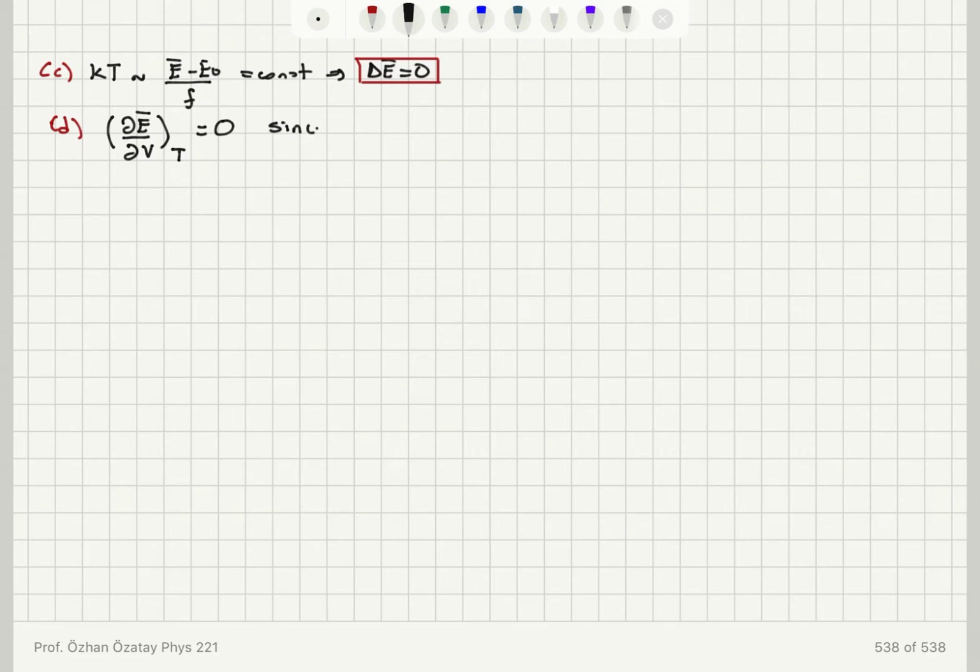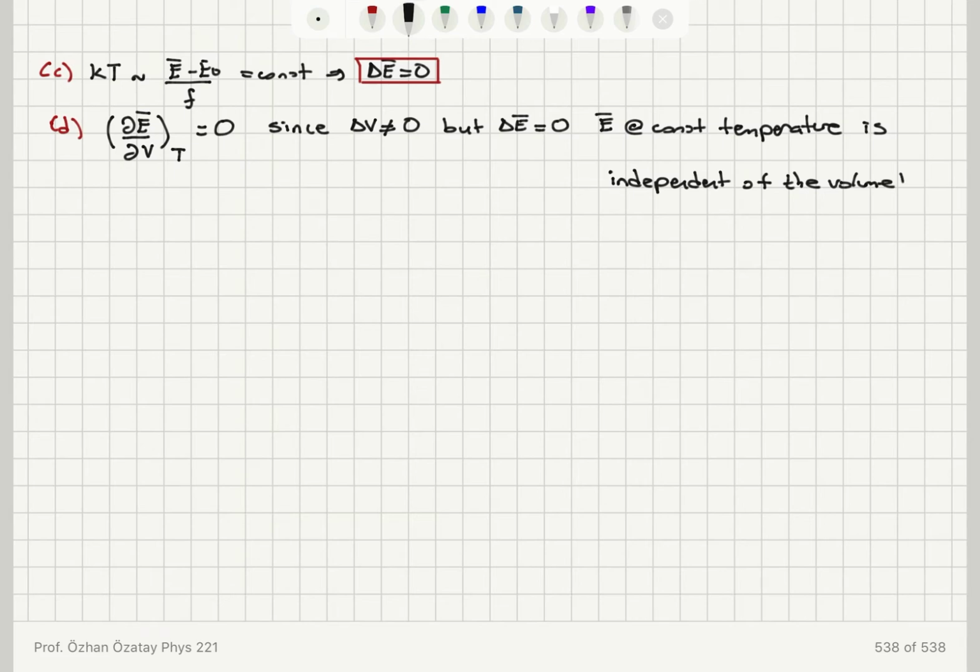And since delta V in the process is non-zero, but the change in the internal energy is zero, we can conclude that the mean internal energy at constant temperature is independent of the volume.